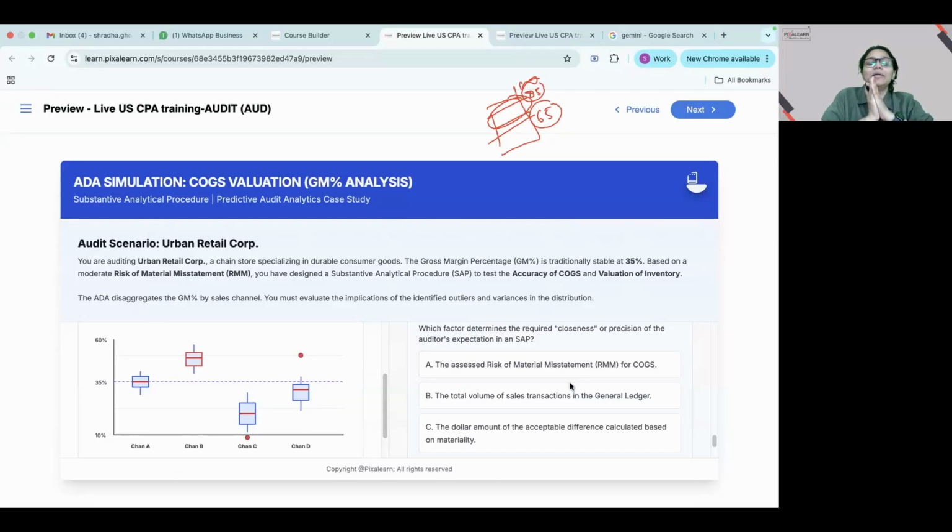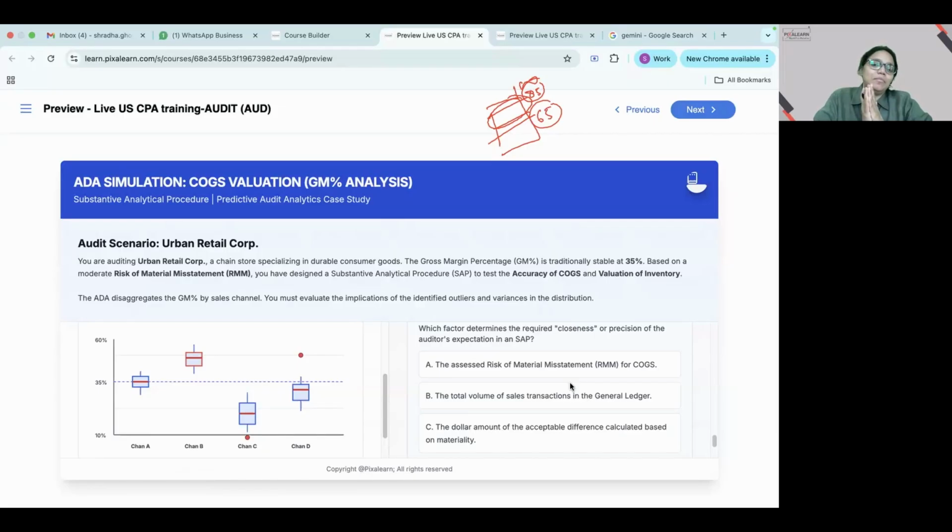If I'm expecting 100 transactions compared to that, if they're a total of 120 transactions, will I want more proximity? If my assessed risk of material misstatement goes up, will I want more proximity? Or if the dollar amount of the acceptable difference is calculated based on materiality, which is the right answer that you think?